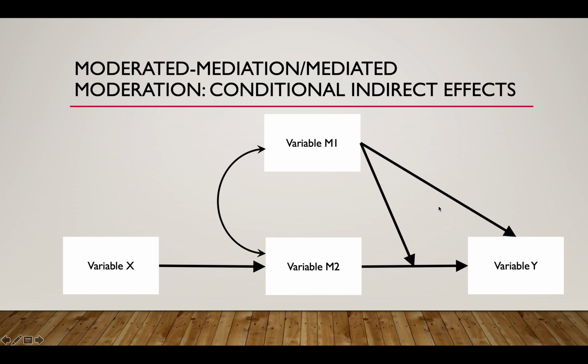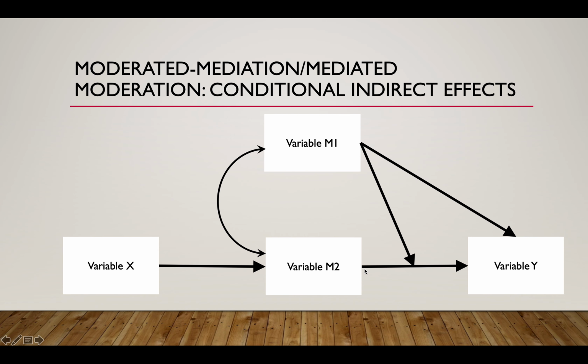When we describe this, we would first describe the indirect effect, right? We'd say this indirect effect occurs. Then we would say, oh, by the way, there is a conditional effect on this path. And then we would describe the conditional indirect effects. When you describe this conditional effect, my preference is to have you include some sort of a test of moderation with the simple slopes.